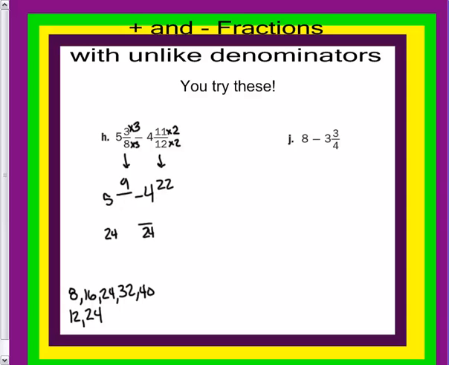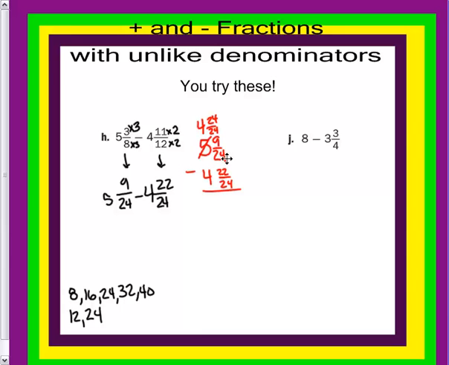Okay, I always like to write them kind of in this vertical fashion because I find that it's easier to see. So I'm going to change this to a 4 and 24/24ths. So instead of having 9/24ths and 24/24ths, I add them together.